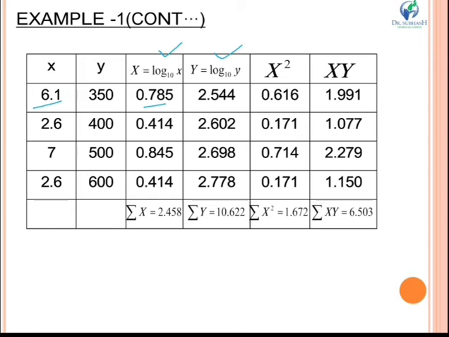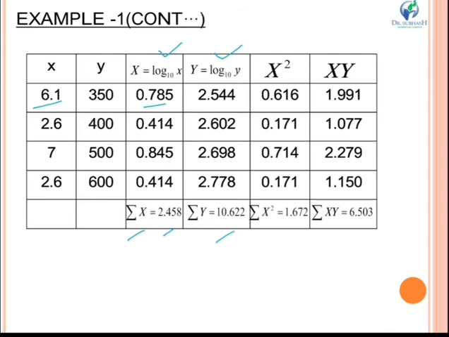And now I will find the total of capital X and capital Y. Now we will not use small x and small y. So summation of capital X is 2.458. Summation of capital Y is 10.622.